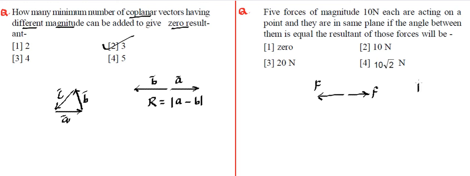So you'll find in this case the resultant is going to be 1 minus 2, which is equal to 0. So two vectors, when they are equal and opposite in direction, have resultant 0. Making sense?